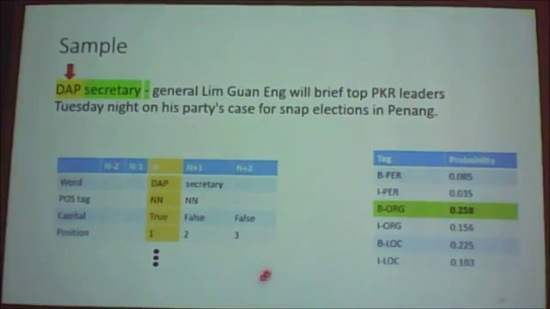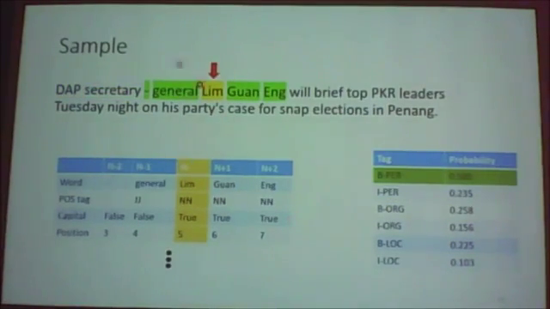Then you get the next word's features, and the third word's features. After that, you plug them into the machine learning model, then you infer the score, and the highest score will be this one: DAT will be tagged as the beginning of an organization. For the next one, when we are here at Lim, you also get the features of the surrounding words, then the highest score will be this. This is just an extra example.